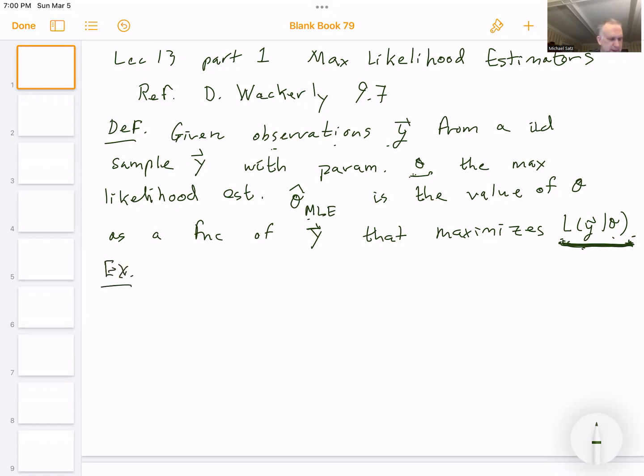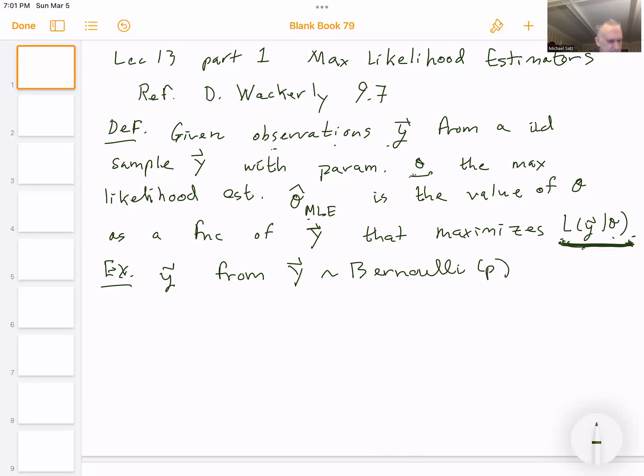So suppose we have y_i observations, little y's, which are modeled to be Bernoulli(p).